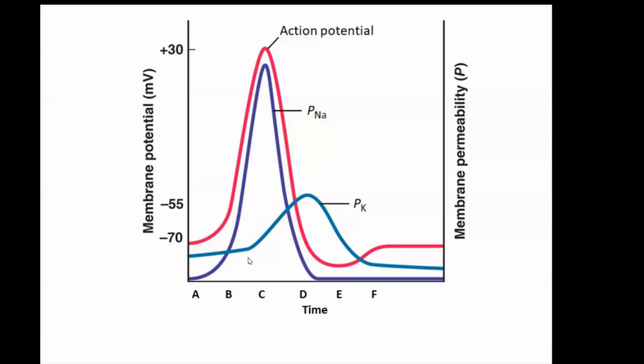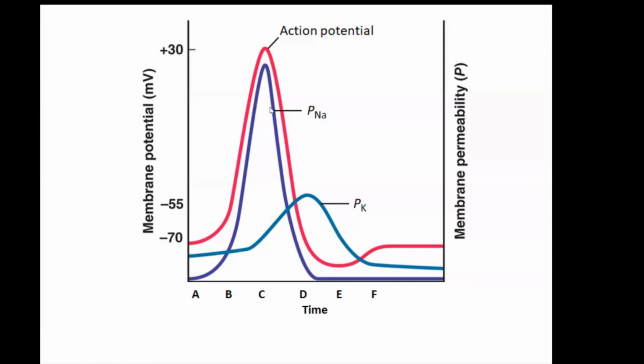We can see at around that same time point, so still at this time point C, we start to see the permeability to potassium going up. That's because we have those voltage-gated potassium channels starting to open around the same time. So they were also kind of on a time delay from this threshold depolarization.